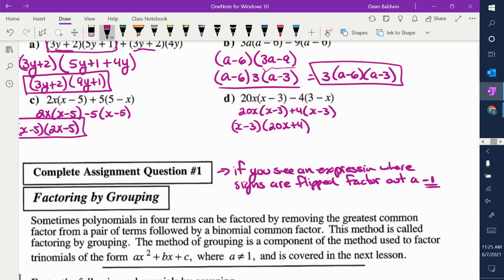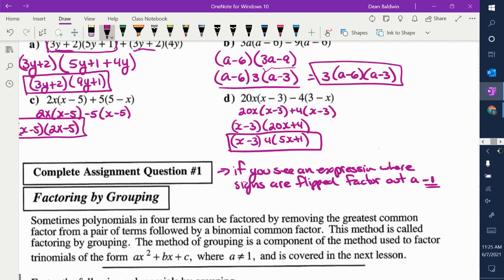What do you always need to check? Can you factor any more? Is there a common factor in there? 2 is 1, but you always want to take the greatest common factor. So 4. So I can pull a 4 out of the second one and get 5x plus 1. This is technically right.